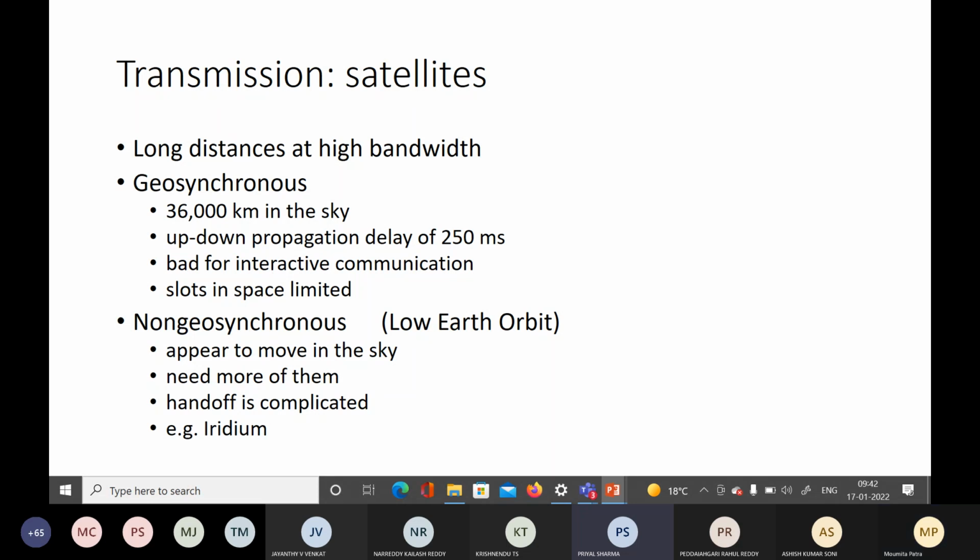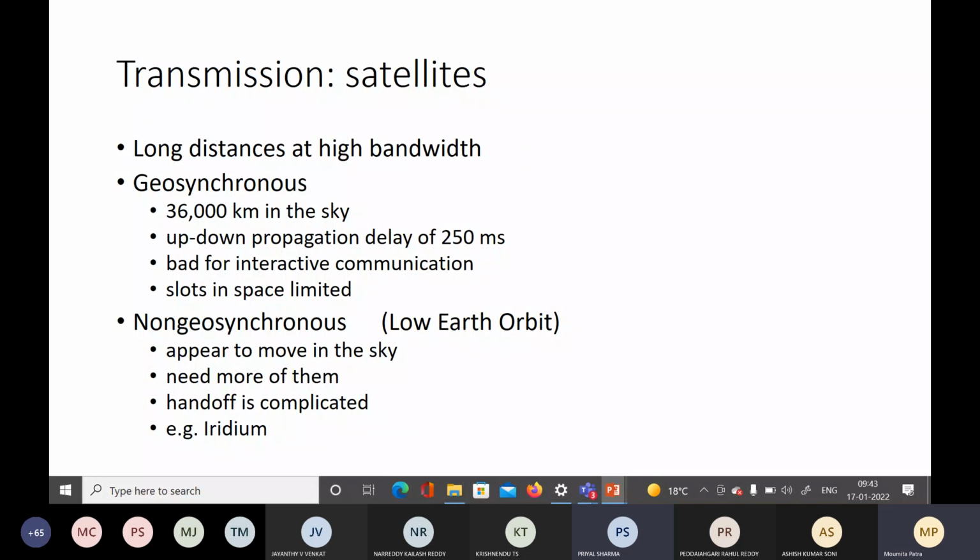So we have to make a choice: whether you want to avoid high complexity or whether you want lower propagation delay.